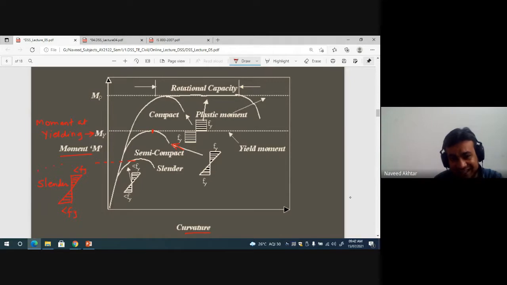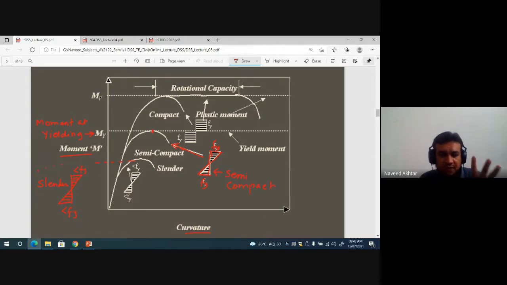When you prepare the stress diagram for this, the stress will reach Fy, at least reaching the yielding point, and that's why this type of section is called a semi-compact section.